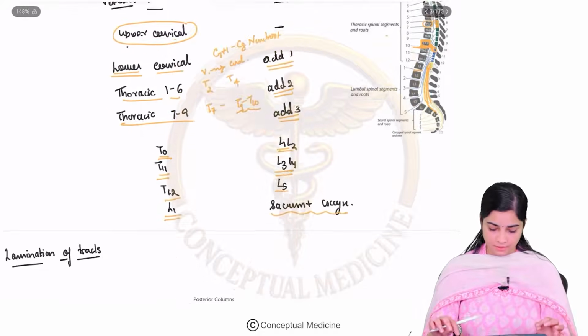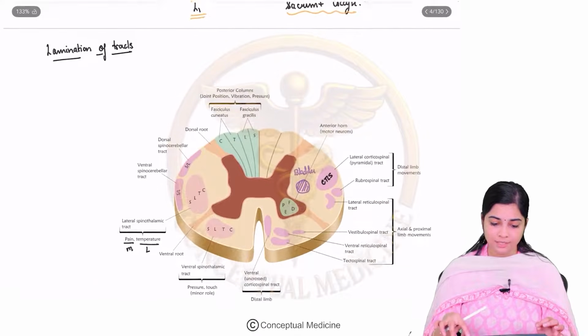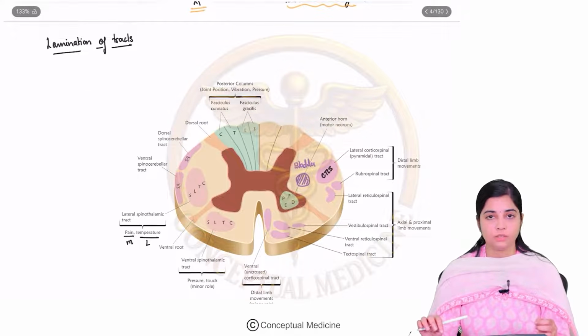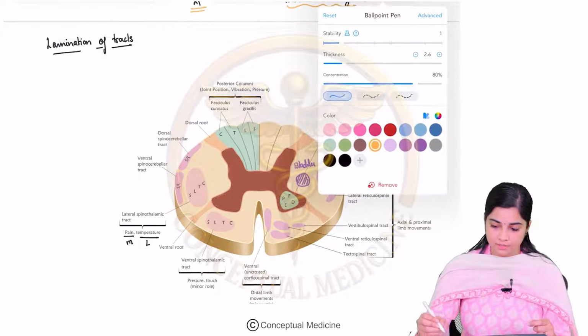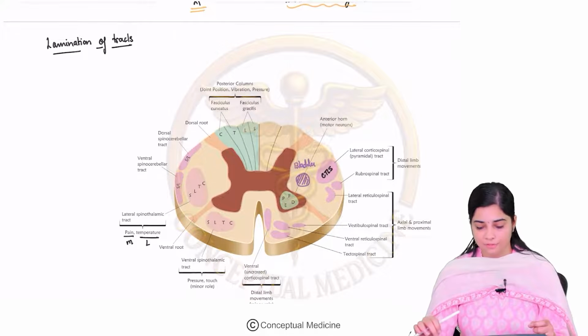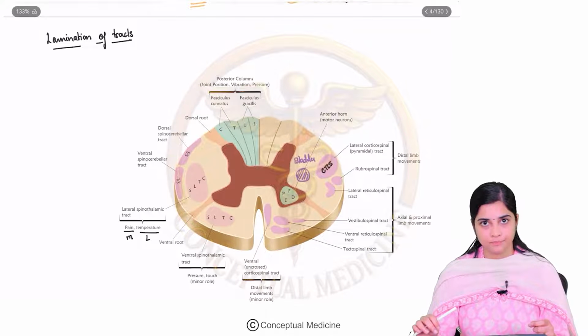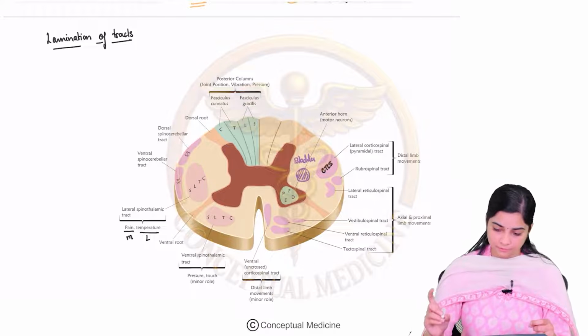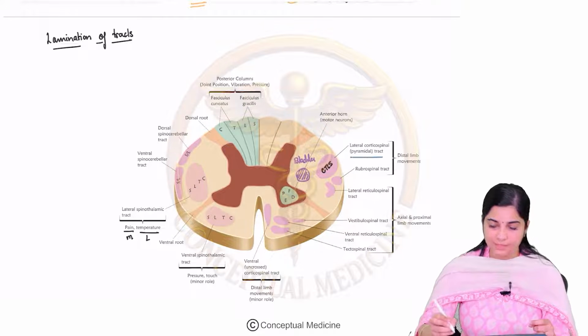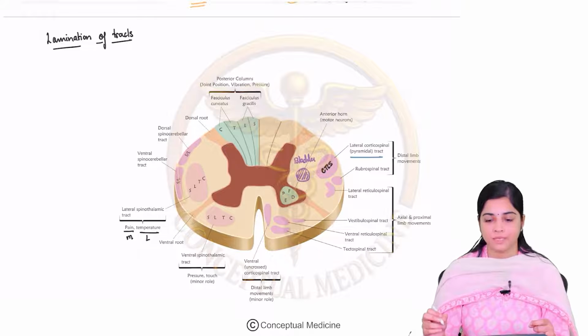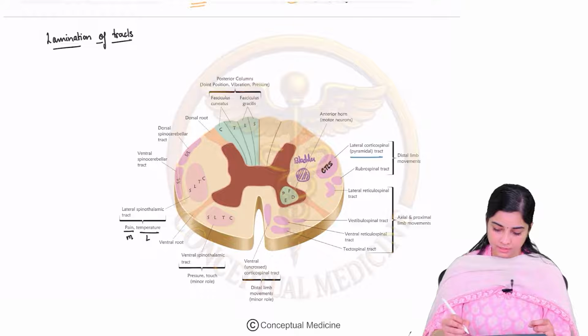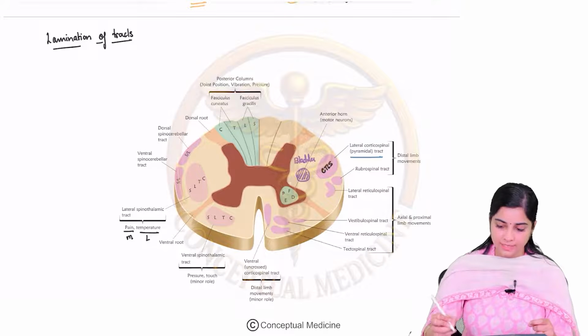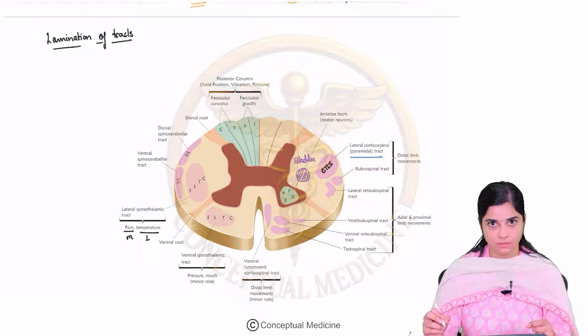Okay, clear. Now let us understand the lamination of the tracts in the spinal cord. So first of all, what are the different types of tracts that you can see? We have the first and the most important, the pyramidal tract, which is your corticospinal tract. So we have an uncrossed corticospinal tract and the crossed corticospinal tract.